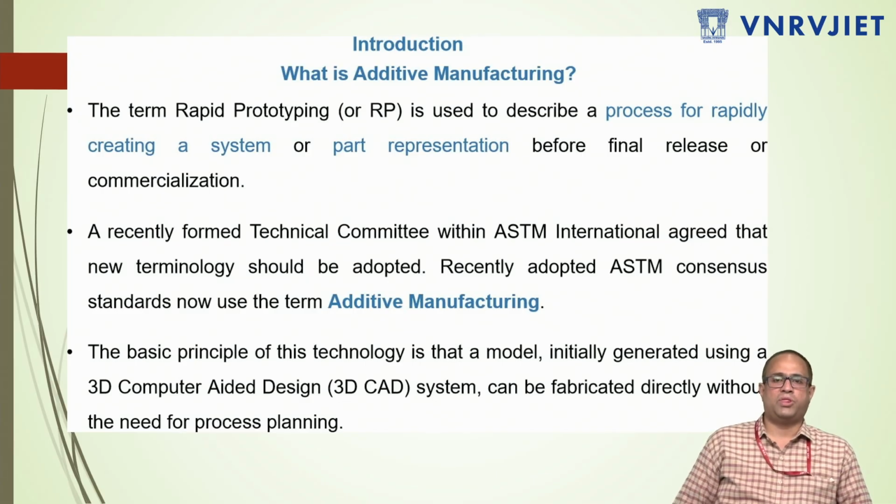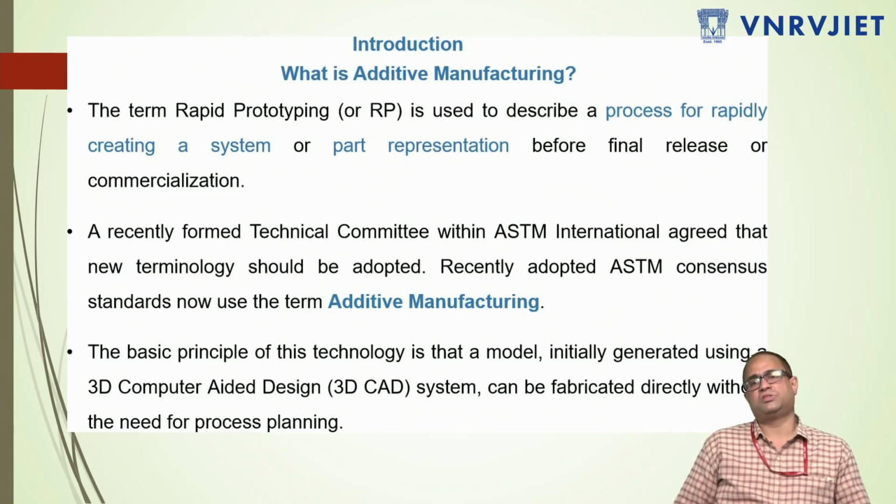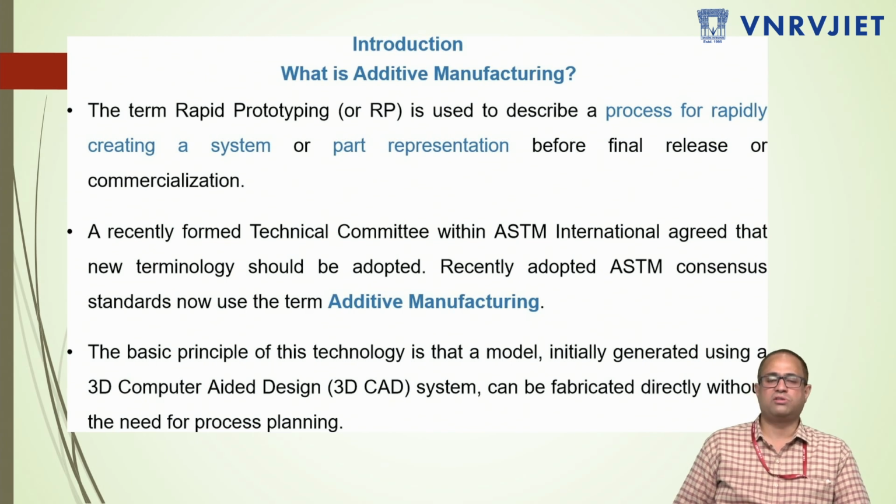The main source for additive manufacturing is that we should have the CAD file, computer aided design file. This CAD file can be made using any software like AutoCAD, CATIA or SolidWorks, and n number of softwares will be there. The most important thing is that whatever CAD file you use has to be converted into .stl format.